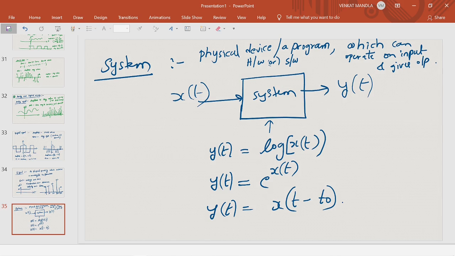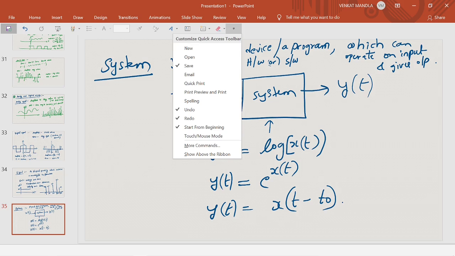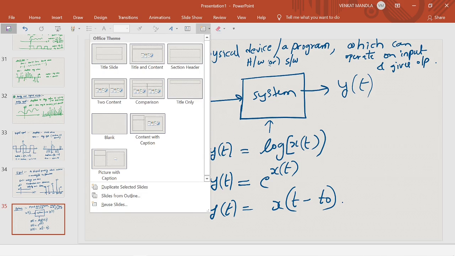Okay, so these are the definitions for signals and systems.